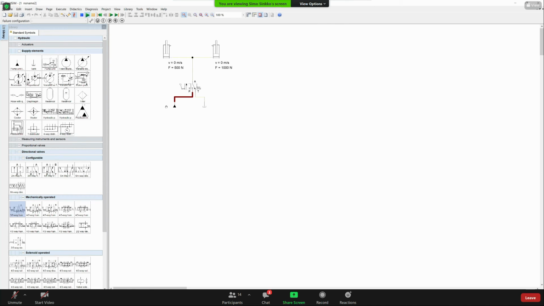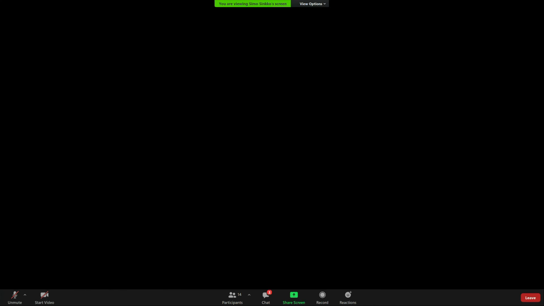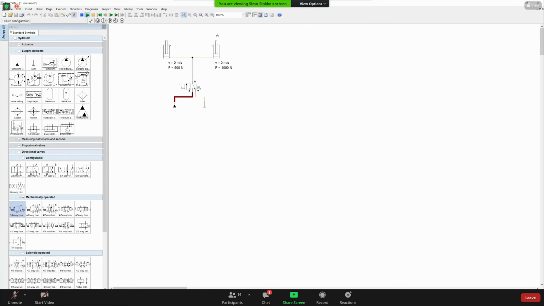The one where more load is applied. So you think that this will move faster? I think one cylinder will come up first and the other cylinder will come up later. Yes, this is what is going to happen. So the left cylinder, which has less load, moves fully up at first, and the other one will start the movement after this has finished moving.